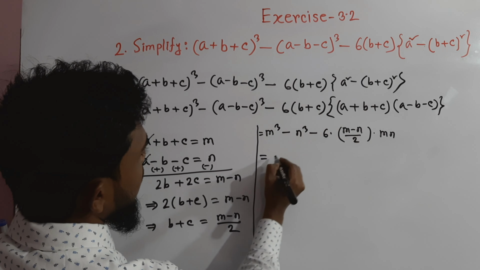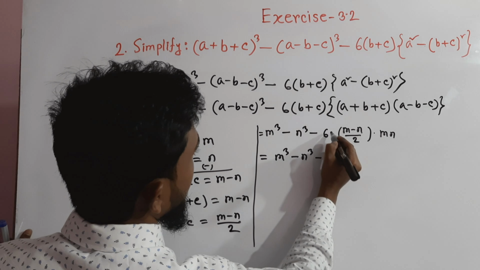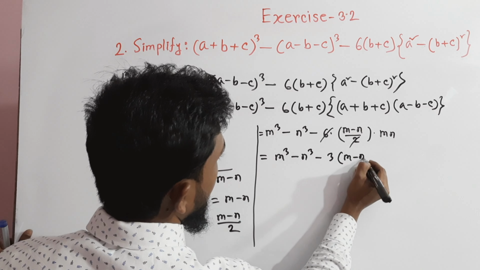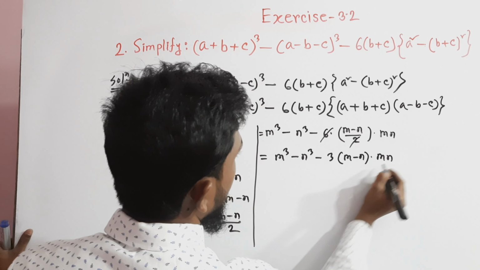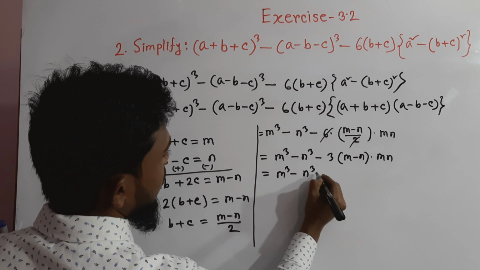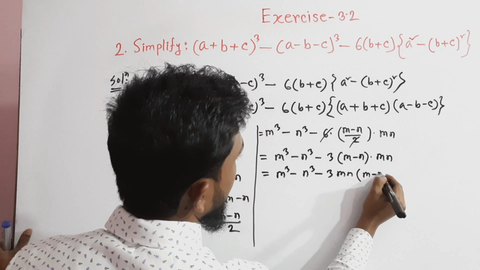Again we can write m cube minus n cube minus 3 mn into (m minus n).